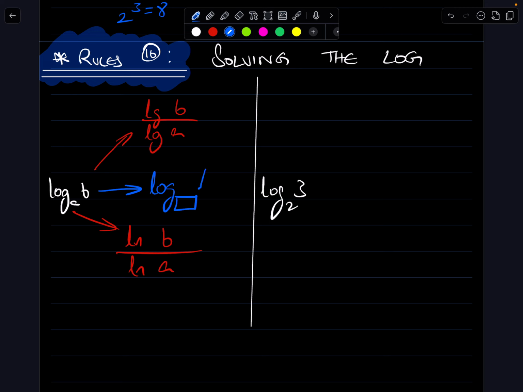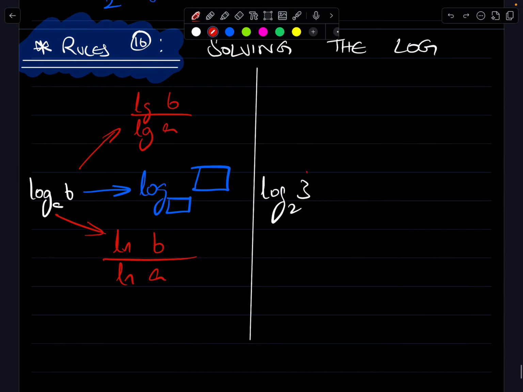You might be seeing this function on your calculator. Just use this function and then plug in a and b to find the answer. Like for example, in this case, if I were to use the first method, that is using Lg, I'd have Lg3 over Lg2. The answer would be 1.585.